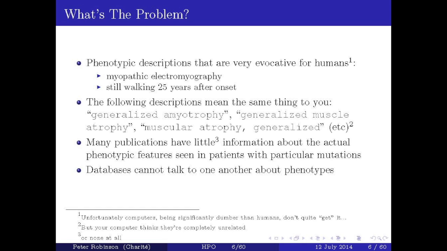And if you're doing text mining and you see "still walking 25 years after onset," I'm sure everybody here knows this must be some neurological disease that is very chronic, but a computer would never do that. And these are some reasons why databases today still have a lot of difficulty talking with one another about phenotypes, to be interoperable.